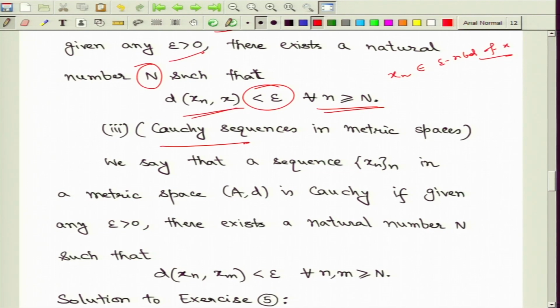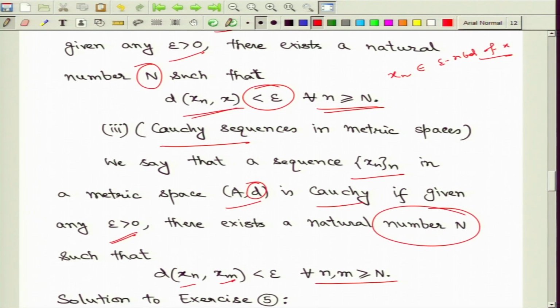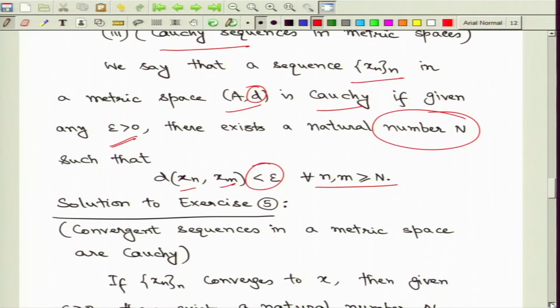So, what we do is that given any sequence in this metric space, together with this metric, we will say that it is Cauchy if given any epsilon positive, there exists a natural number capital N such that after that stage capital N, all the terms in the sequence are close together, within this distance epsilon. So, that is the idea that after a certain stage, all the terms in the sequence are very close together. So, that is the notion of Cauchy sequences.